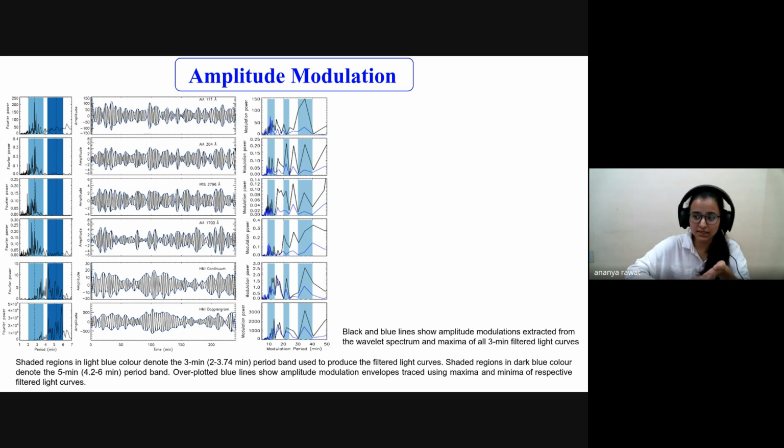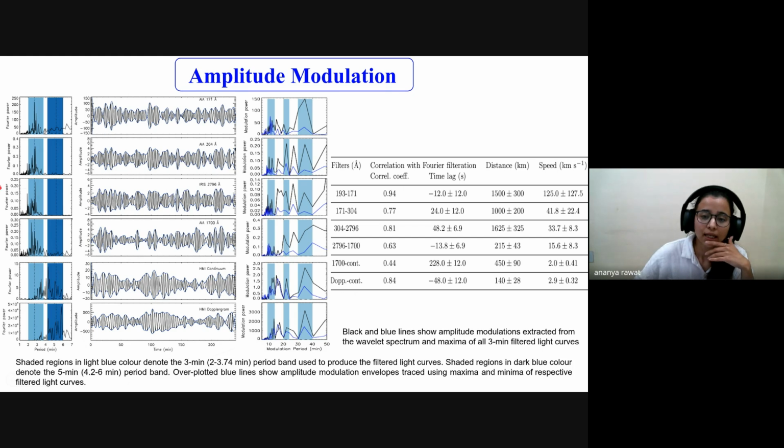So that means the same 3 minutes is propagating from the photosphere to the corona, and the solar atmosphere is coupled. So we have 3 minutes present at each atmospheric height. Now, these are slow magnetoacoustic waves. To determine the speed of these waves, we applied correlation analysis over these filtered light curves and determined the lag.